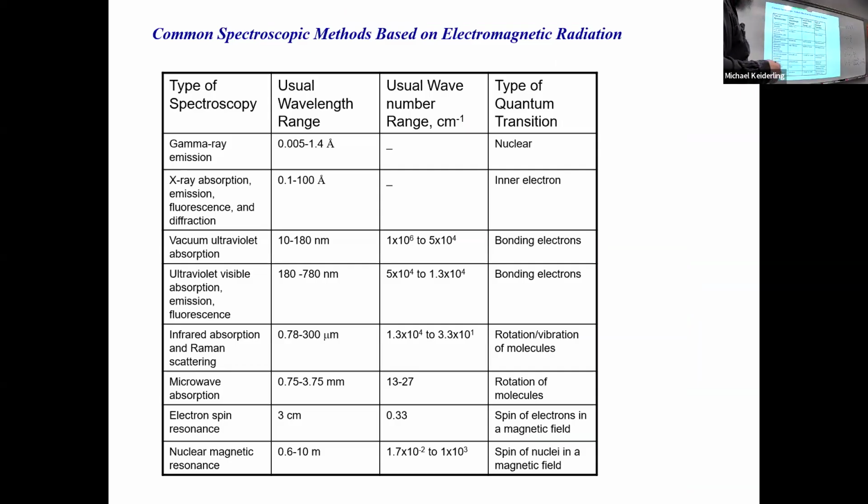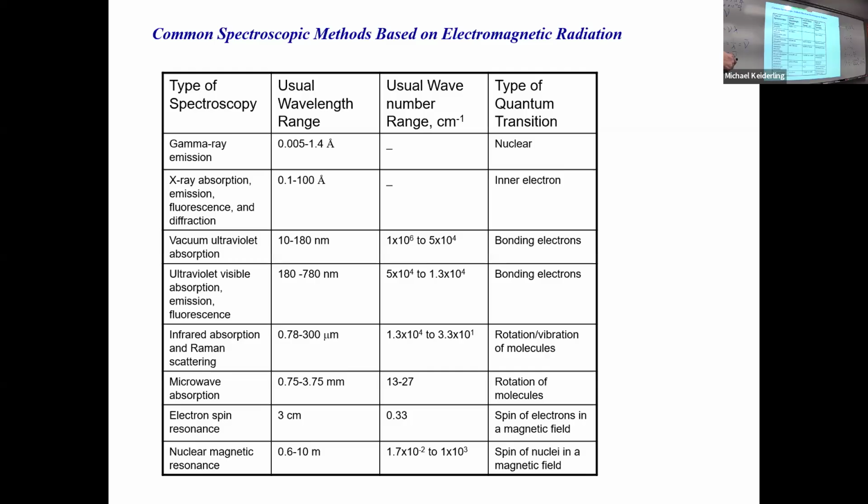So gamma ray emission, this is you looking at nuclear transitions, usually radioactive decay. There's X-ray absorption, emission, fluorescence, and diffraction. This involves inner electrons. You can use X-ray diffraction to figure out structure of crystals and things.